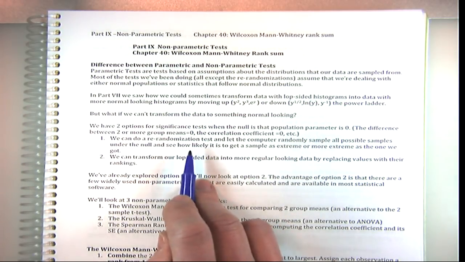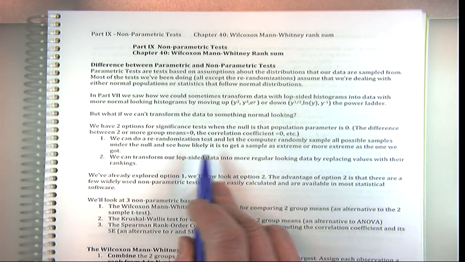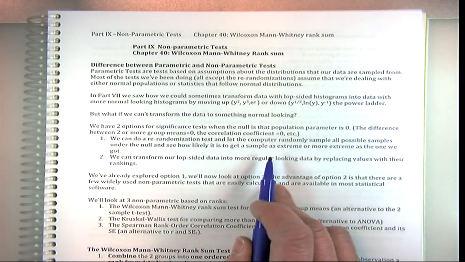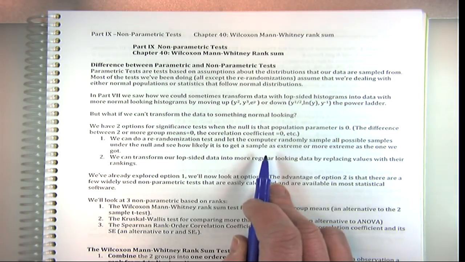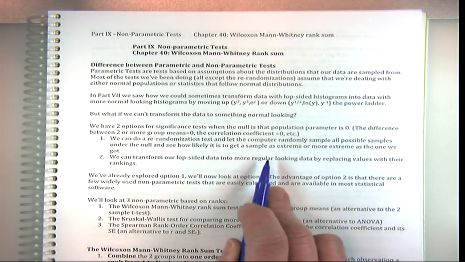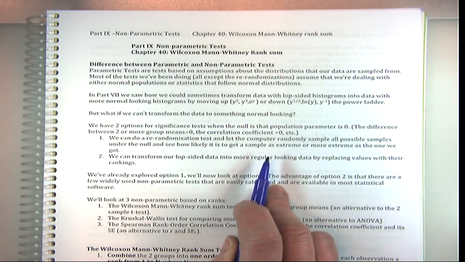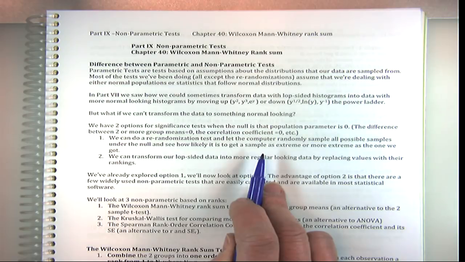We can do a re-randomization test, which we did already, and let the computer randomly sample all possible samples under the null, and see how likely it is to get a sample as extreme or more extreme than the one we got. That's what the p-value is. We assume the null is true, and then ask how likely it is that if we randomly sample from that, we'll get as extreme a statistic as the one we got.